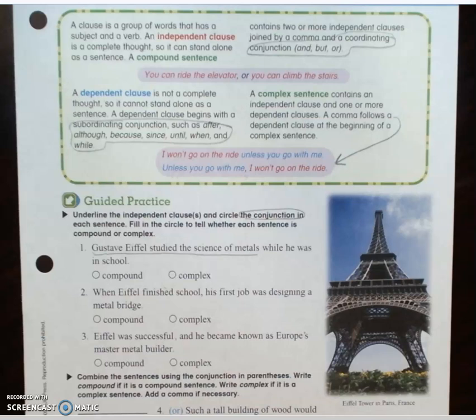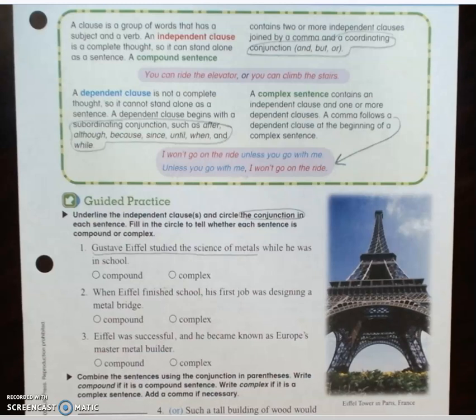Now let's look at the next one. It says while he was in school. While he was in school is not an independent clause. In fact, that's the complete opposite. It's a dependent clause.